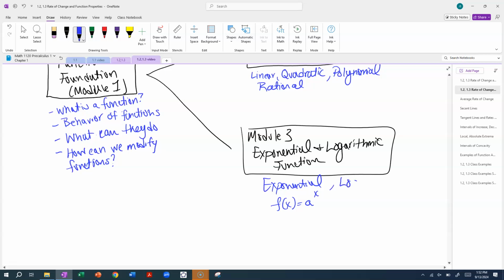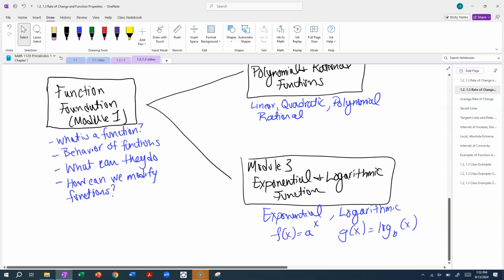And then we also look at logarithmic, and you may have run across these before in, say, your chemistry class, because this would look something like g(x) = log base b of x. That's kind of the course map.